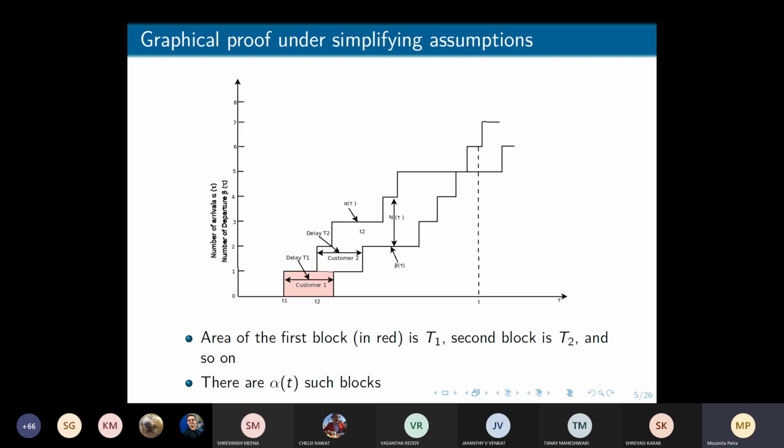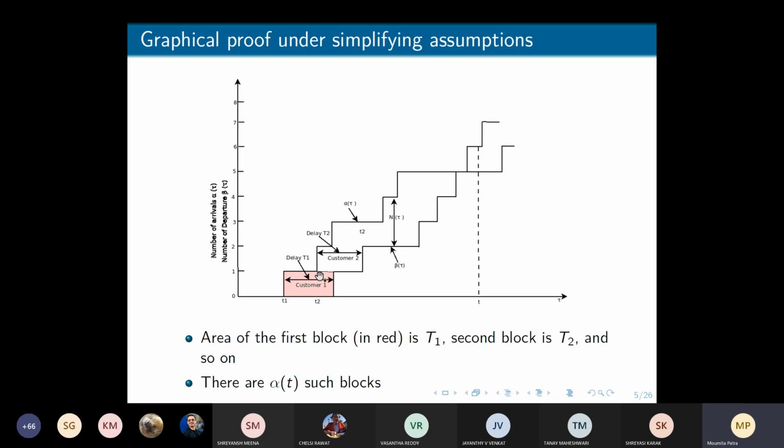So how do we find this out? How do we find this n tau value, and how do we find how much is the average number of customers actually in the system? Look at this graph. There was an arrival here, then a departure here. Again, an arrival here, then a departure here. They are following a staircase graph.